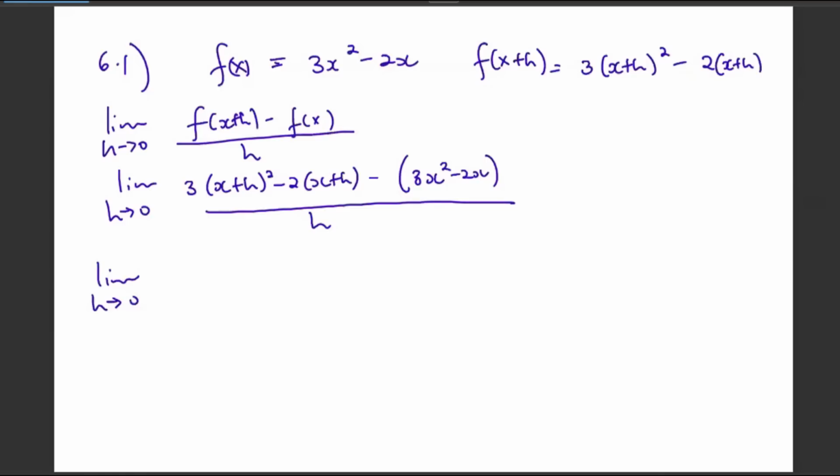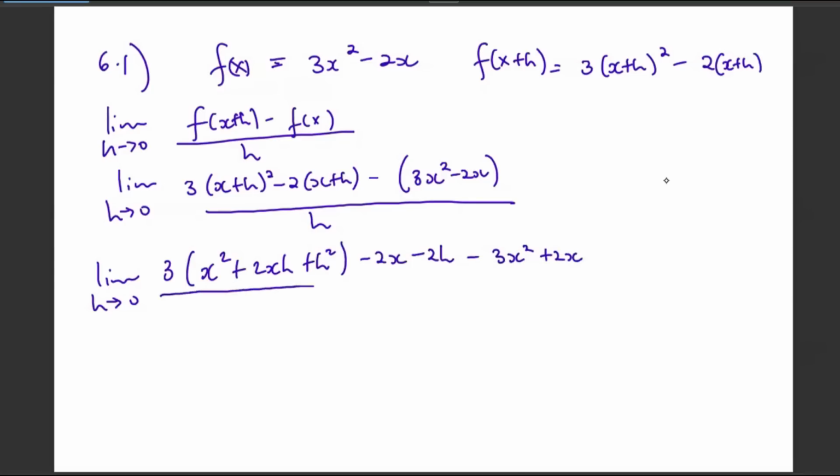Now we need to open up the bracket. So we open up the brackets: x squared plus 2xh plus h squared, minus 2x minus 2h, and we have a minus 3x squared plus a 2x, all over h.